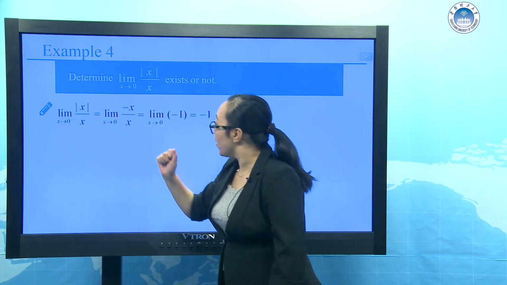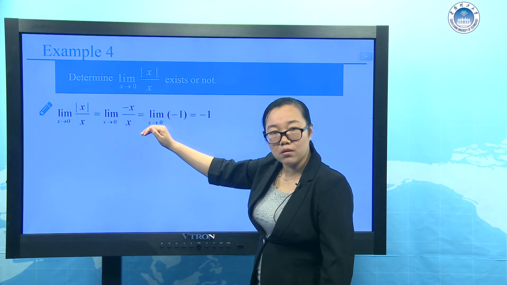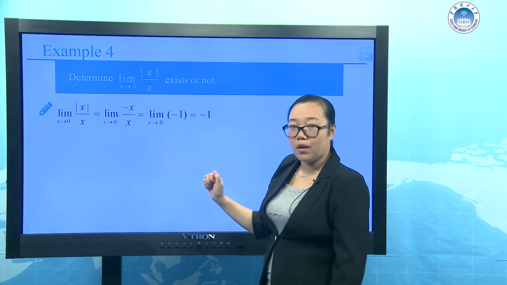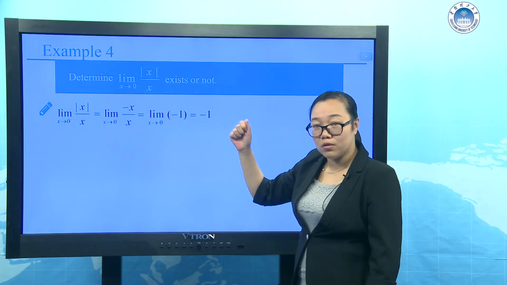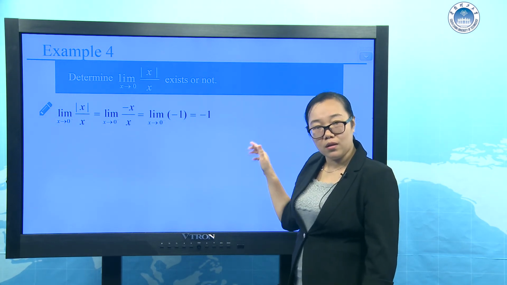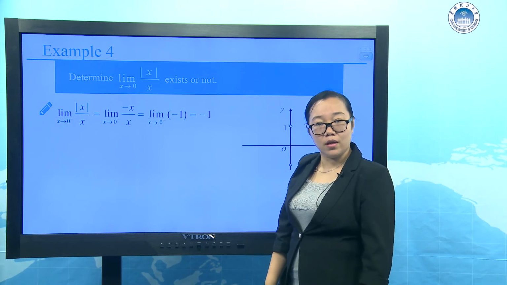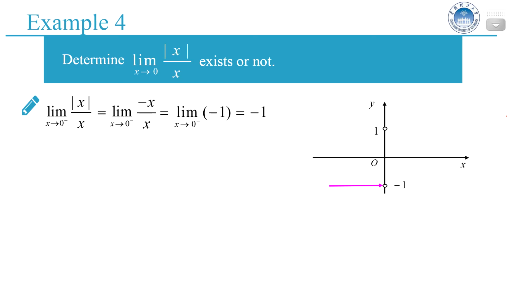So the absolute value equals minus x. Minus x over x together equals minus 1. The limit of any real number equals itself. So it equals minus 1. It is our left-hand limit. How about the right-hand limit? Now look at the figure. At this time, the limit is minus 1.